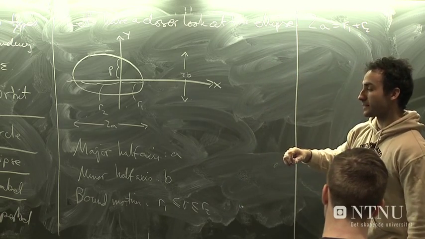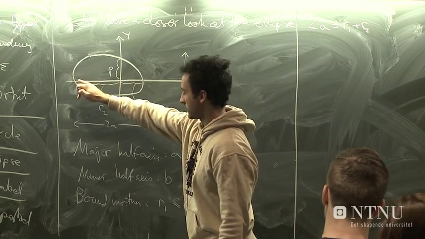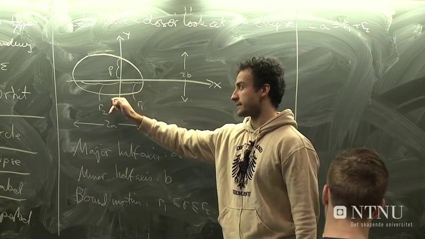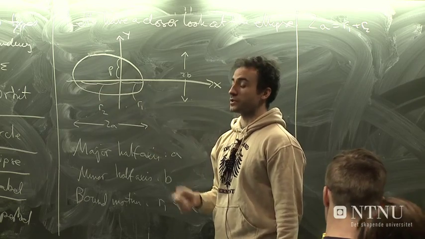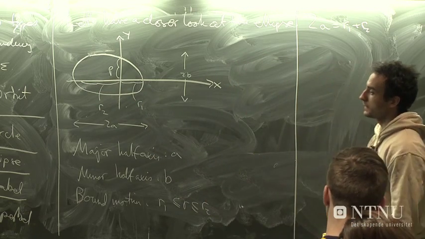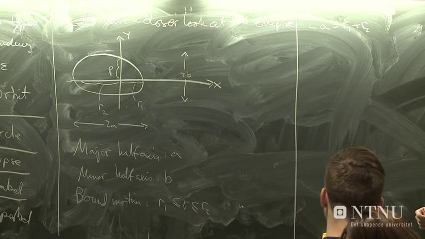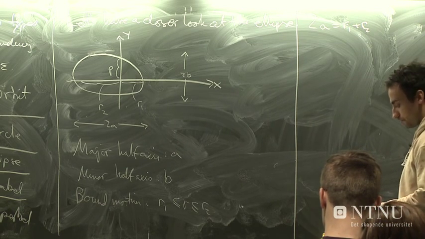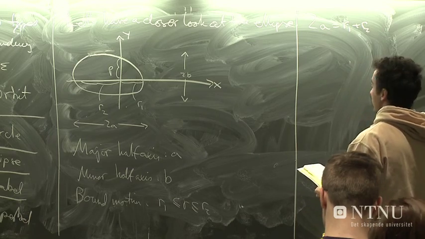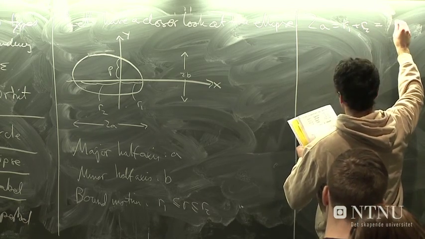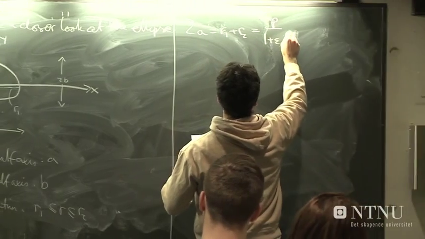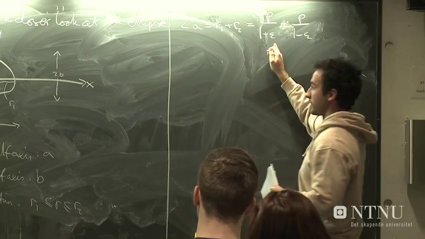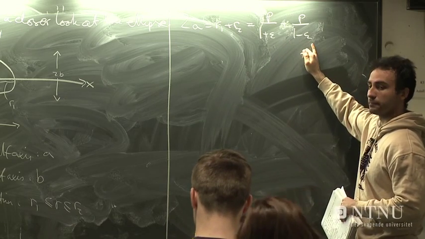So we have, for instance, that 2a, the major axis, is equal to R1 plus R2, the perihelion plus this maximum distance, which also has a Latin word, but I can't remember it right now. I think it's ap something. Apogee, right. So R1 is given like this, whereas R2 is given like this.